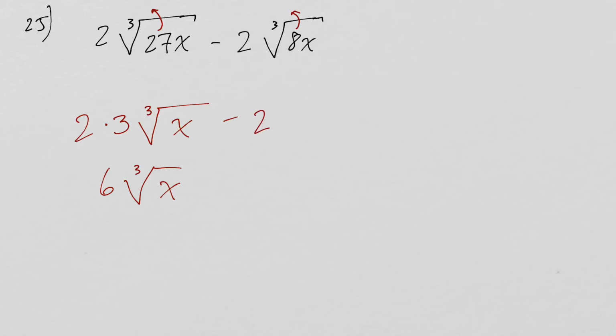Now the 2 is sitting out there. The 8, when I bring it out as a cube root, it becomes a 2. And I have the cube root of x. So this becomes minus 4 times the cube root of x. And again, these are like terms. 6 minus 4 is 2. And I have the cube root of x.